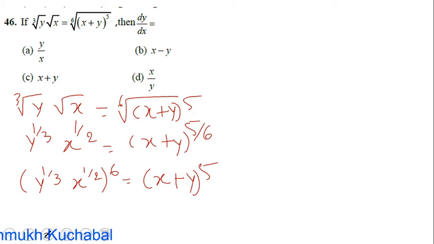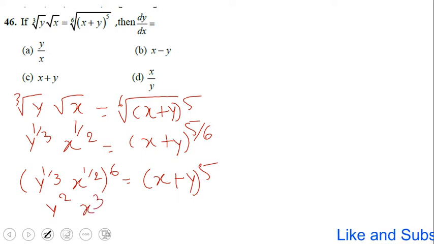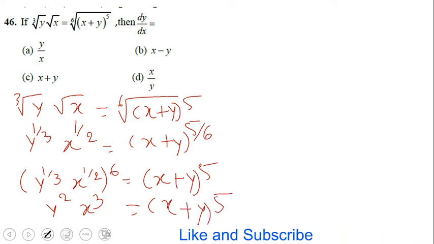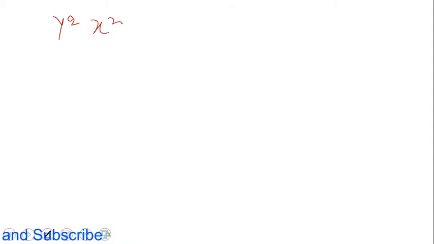So simplifying LHS, we get 3 ones are 3, twos are y square, x 2 ones are 2, threes are x raised to 3 equal to x plus y raised to 5 here. Then we will simplify here. LHS, there is no change. In RHS, y raised to 5, the highest, we will take out.